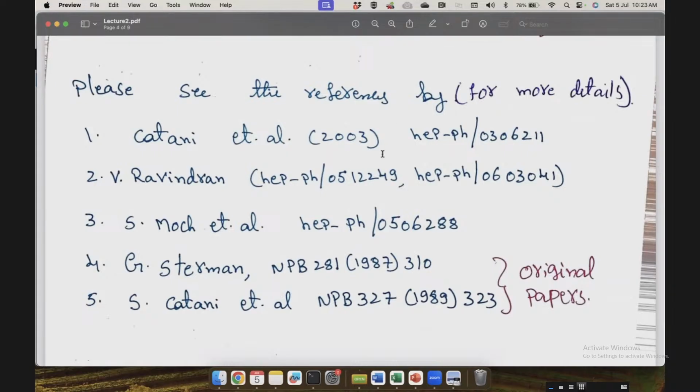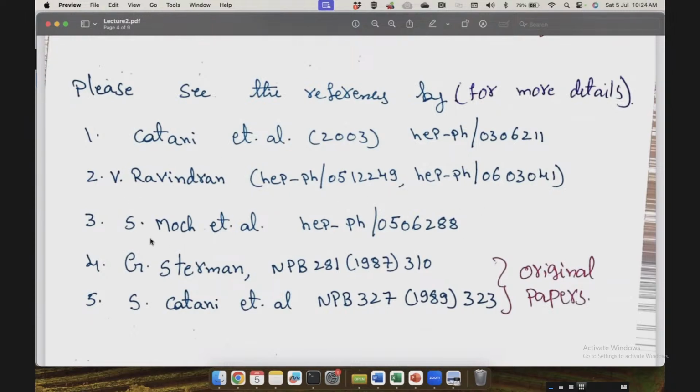This is the same paper from which I have taken this resummation Mellin transformation formula. Then there is a series of papers, and its applications followed later by Ravindran. So the two important papers are on threshold resummation and on the higher order effects.